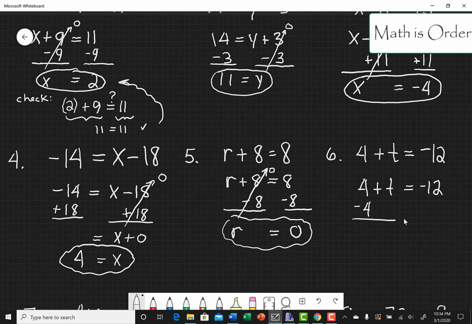If I minus 4 on the left-hand side of the equation, I must minus 4 on the right-hand side of the equation. Now 4 minus 4 cancels out to 0. And the only thing we're left with on the left-hand side is t. So we rewrite t, and on the right-hand side, we've got negative 16.